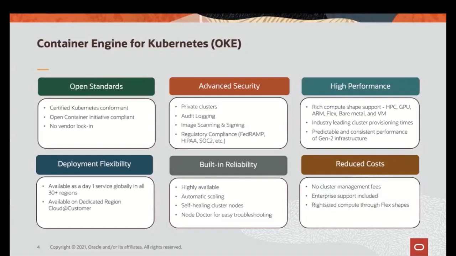And in addition, OKE doesn't bring you any additional cost. The control plane of your cluster is free, and you only pay for the compute instances that run in your data plane, the storage that your application use, and the load balancers.